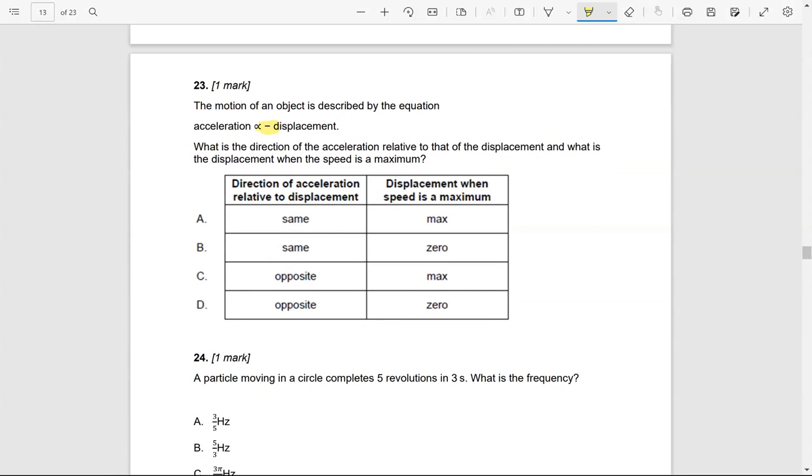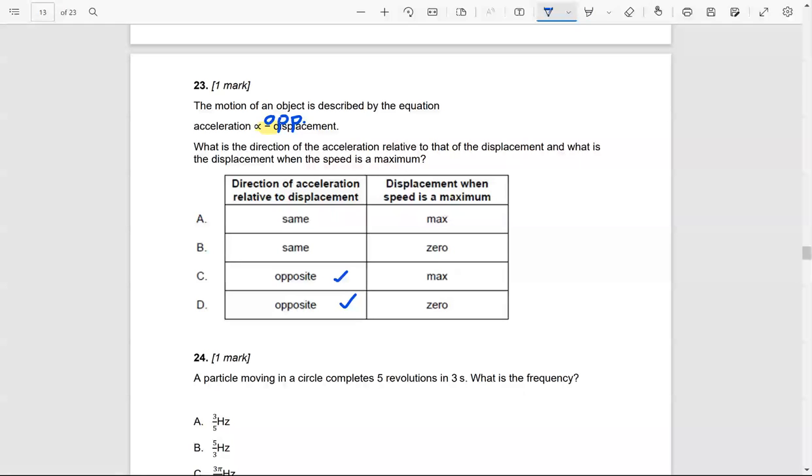We're looking at vectors, at directions. If the displacement was downwards, the acceleration is upwards, and vice versa. If displacement is from right to center, the acceleration is from center to the right. So it's always opposite. This negative symbol means opposite. So it's going to be C or D.